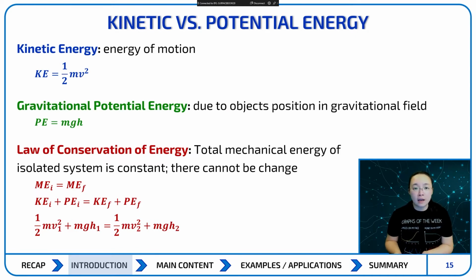Then I have KEf and PEf, figure those out at the final state, and then substitute what I know those equations to be, which is above. So KEi is going to be 1/2 mv1 squared because v1 represents the initial speed, and then PEi will be mgh1, which represents the height initially.